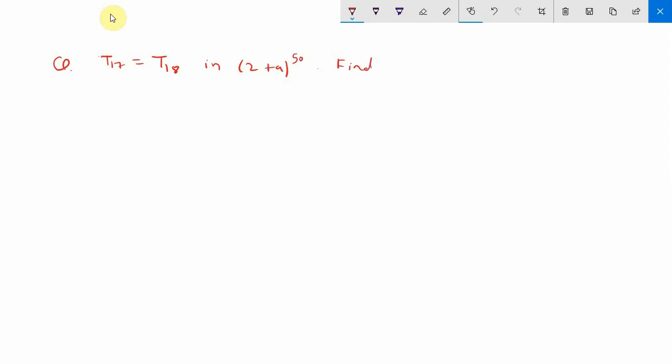So find a. So we can write T17 as T(16+1), and n here is equal to 50. So 50C16 into 2^(50-16) and a^16.